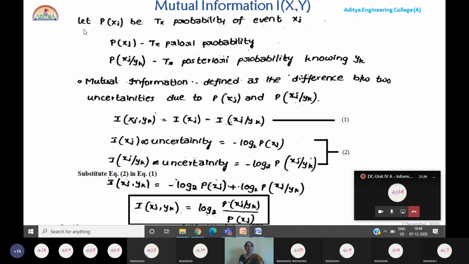That is, if you look at the transmitter, then you should know the yk information; similarly for the receiver, I of yk comma xj, if you are speaking like that, then you should know the information of the transmitter, that is I of xj. Where the information of the xj event is minus log p of xj base 2, or log 1 by p of xj base 2.